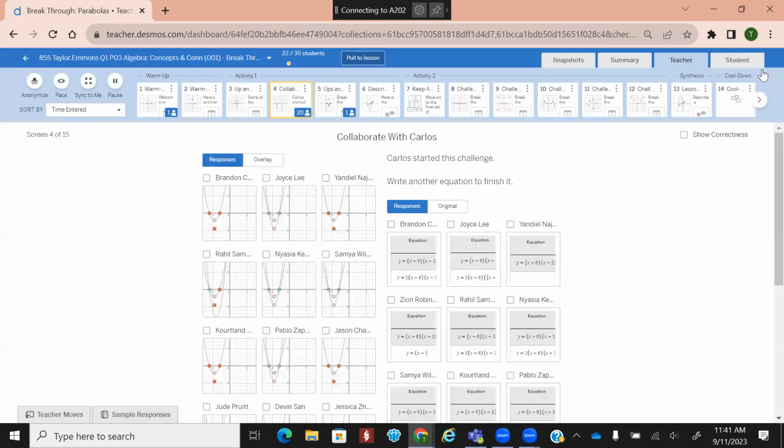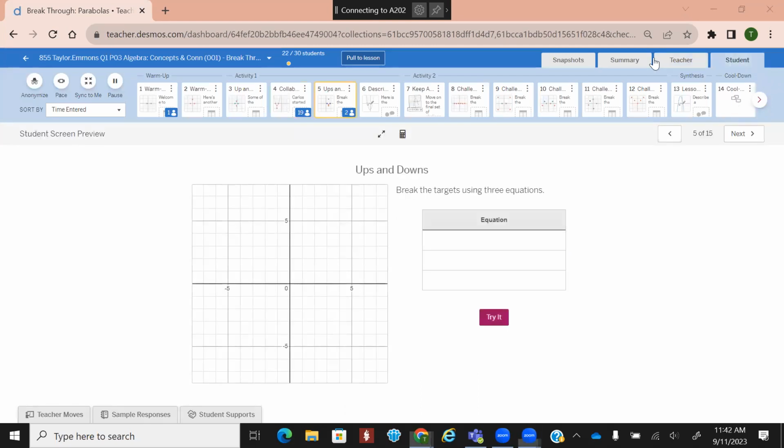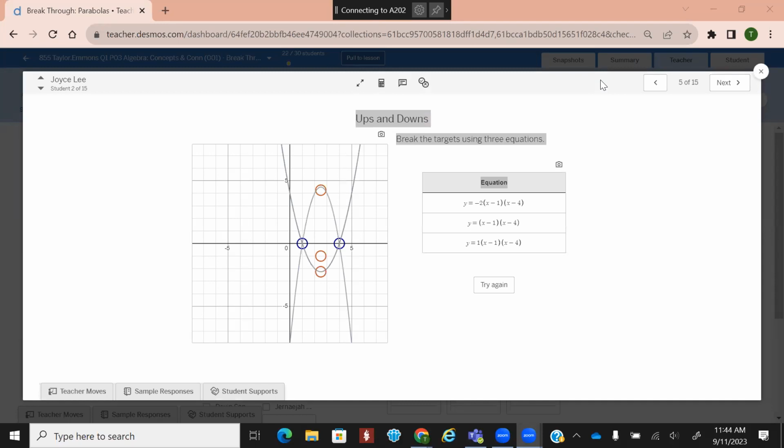Go ahead and take a look at slide number 5 and see if you can break those targets using the 3 things in there. So this is one of the answers that somebody put.